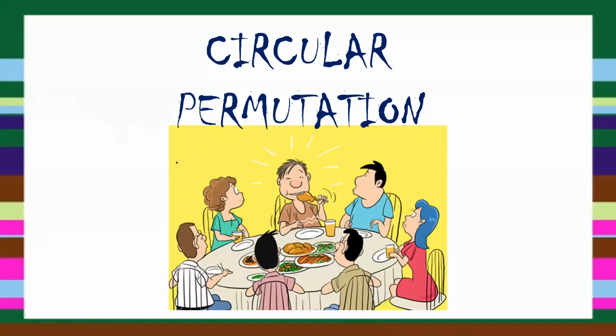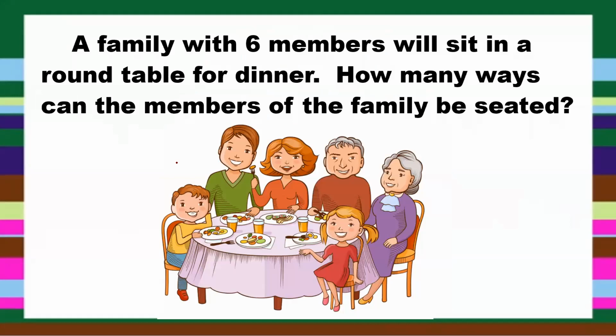And how about for circular permutation? Balik tayo ulit sa circular. A family with 6 members will sit in the round table. How many ways can the members of the family be seated? So remember that when you have this kind of problem, all you have to do is to use the formula n-1 factorial.